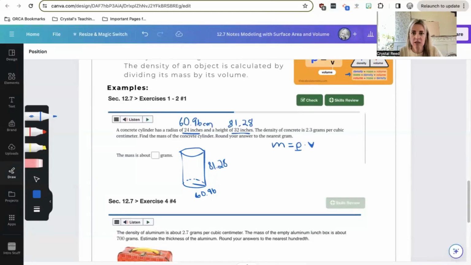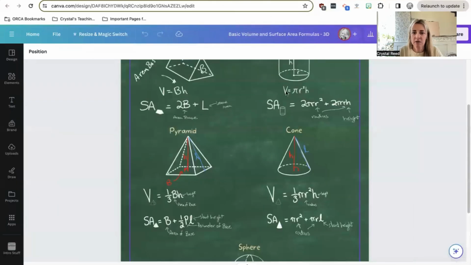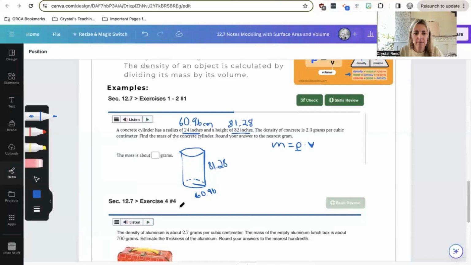Remember, those are linked, so you can make a copy of it if you want. So volume of a cylinder was pi r squared h. So volume would equal pi times the radius squared, times the height, 81.28. So that's our volume.